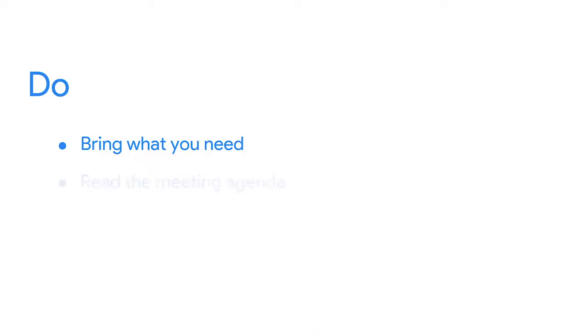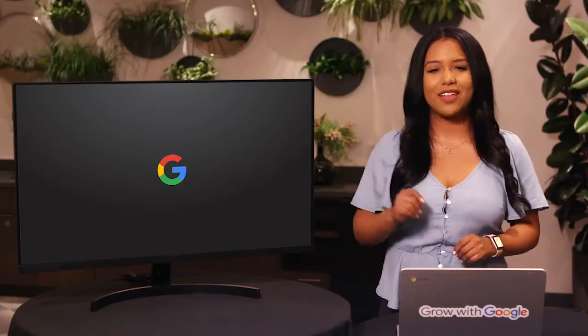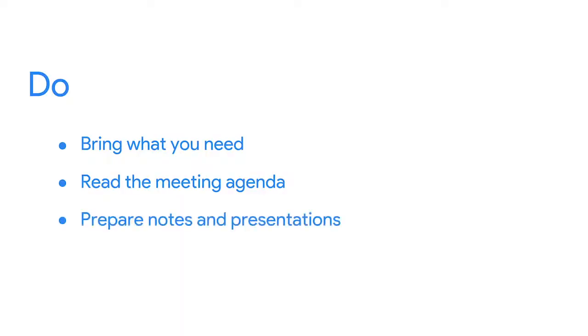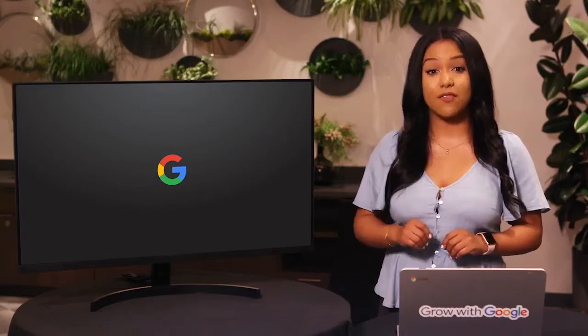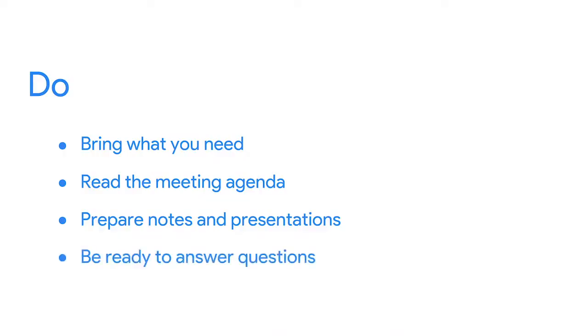First, bring what you need. If you like to take notes, have your notebook and pens in your bag or your work device on hand. Being prepared also means you should read the meeting agenda ahead of time and be ready to provide any updates on your work. If you're leading the meeting, make sure to prepare your notes and presentations and know what you're going to talk about. And of course, be ready to answer questions.